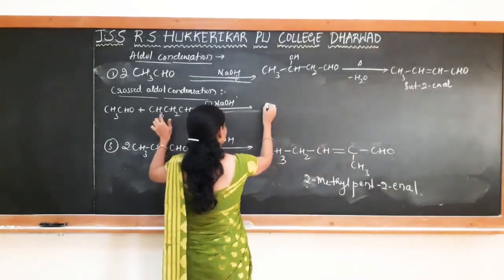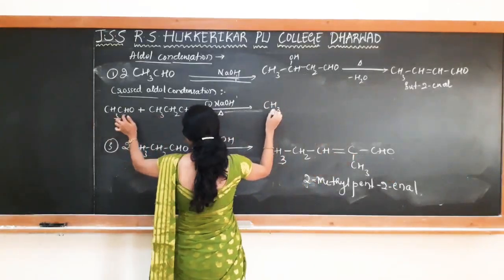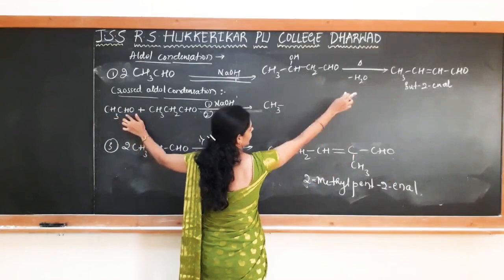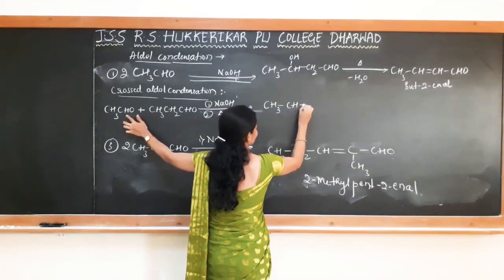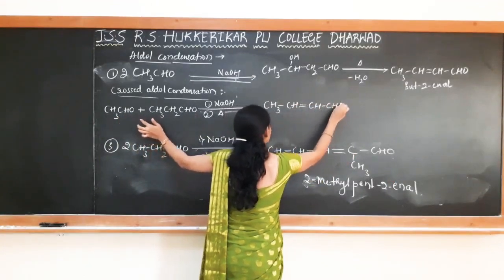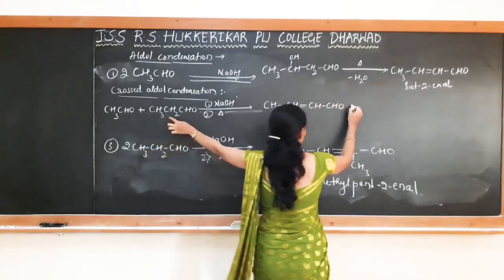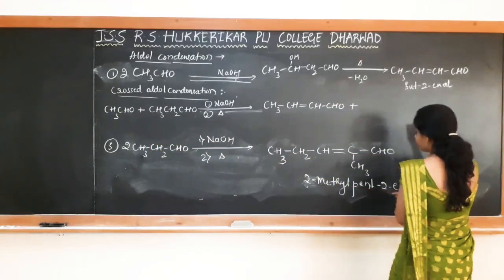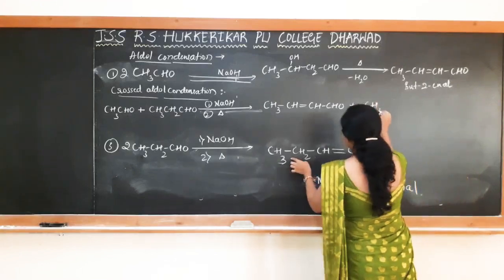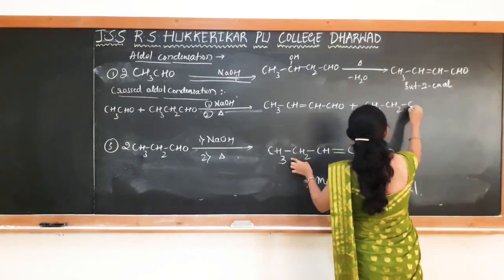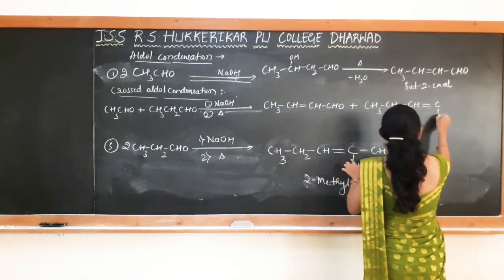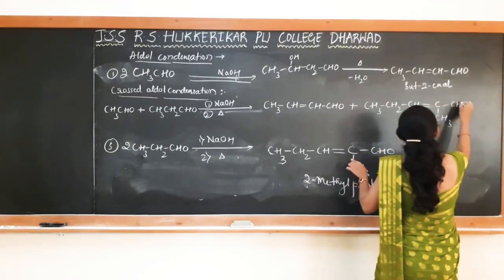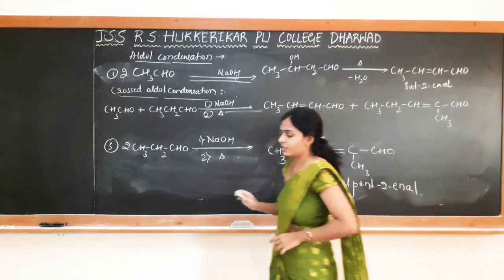One is by the self-condensation of ethanal, I will be getting but-2-enal. Similarly, the self-condensation of propanal gives 2-methylpent-2-enal. So these are the 2 self-condensation products which we have already studied.